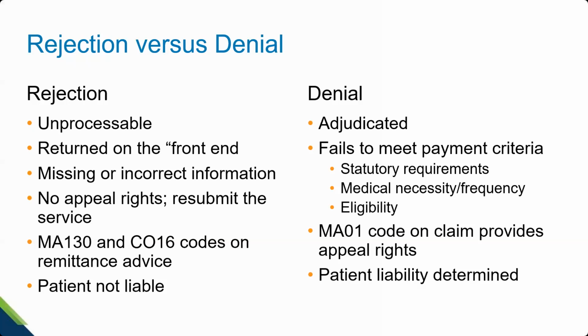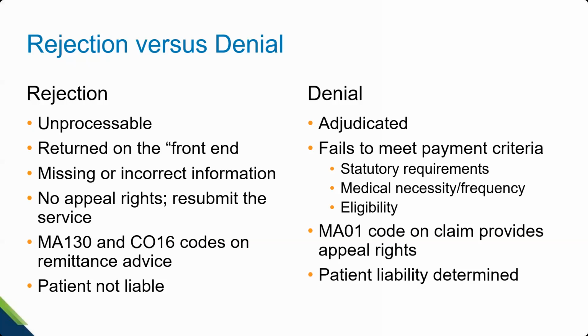There are also many denials that occur due to eligibility. And when I say eligibility, I mean eligibility of the provider of the service, or perhaps even eligibility of that Medicare beneficiary. When a service is denied, well, let me correct that.